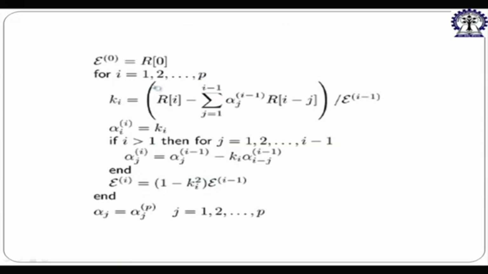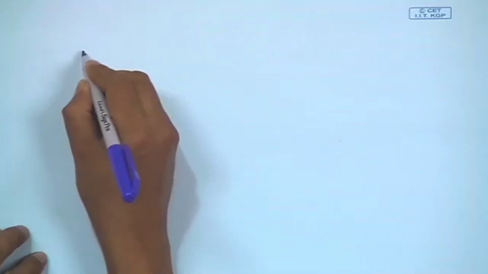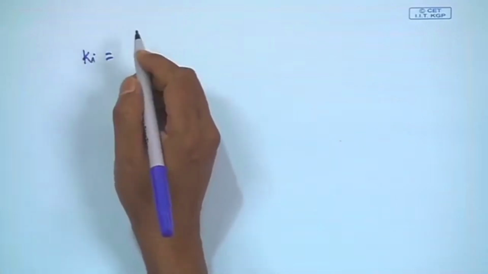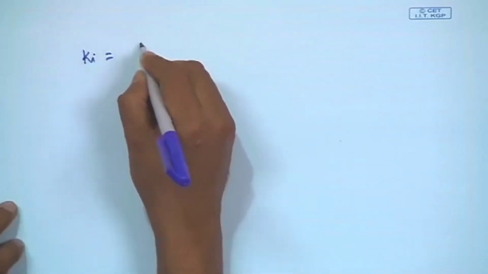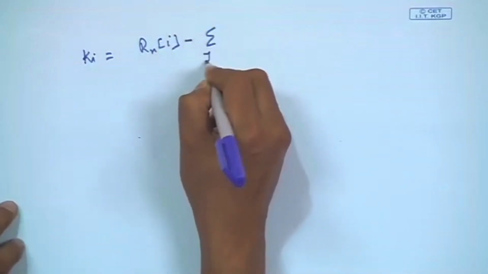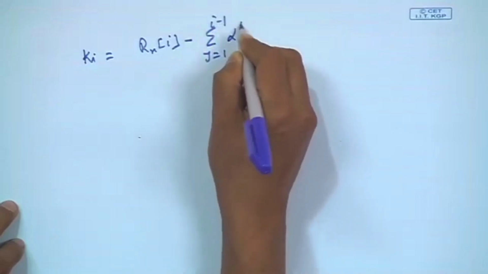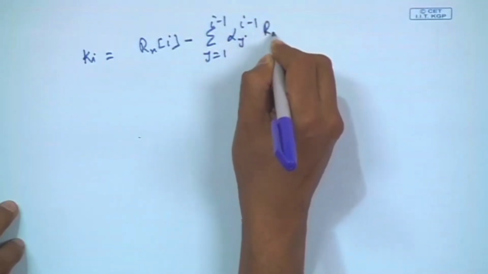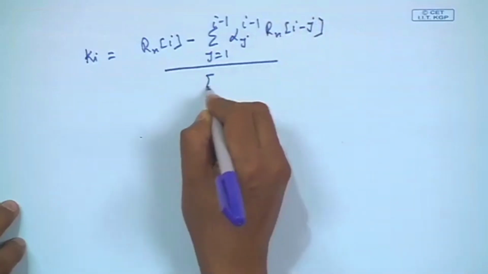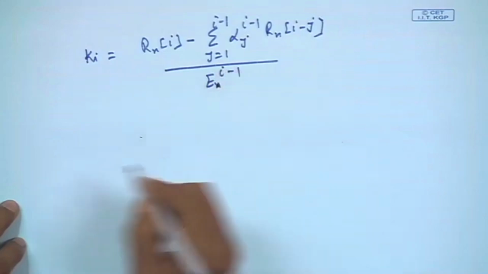If I write down the 4 equations, one is k I equal to R n I minus the sum for j equal to 1 to I minus 1 of alpha j I minus 1 times R n I minus j, divided by E n I minus 1.